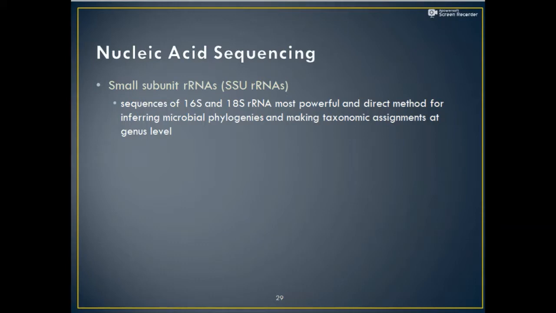In the case of bacteria, we have the 16S ribosomal RNA. In the case of fungi, we have the 18S ribosomal RNA. For plants, we use the Rubisco enzyme, or the RBCL. And for respiring organisms, we use CO1, the cytochrome oxidase based genes.